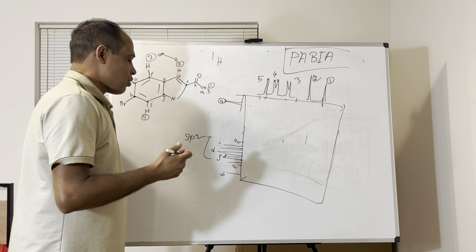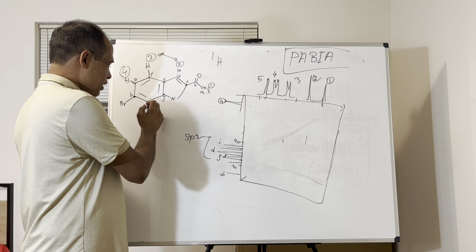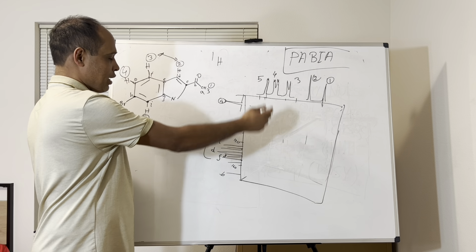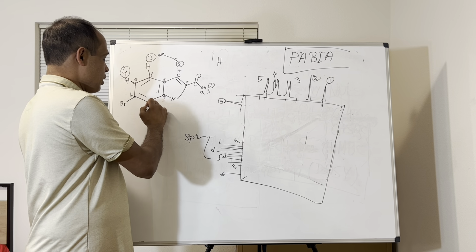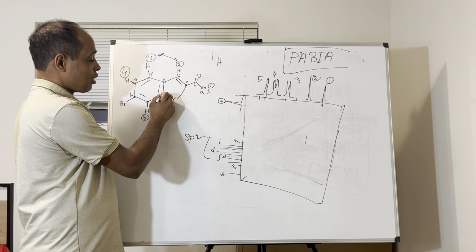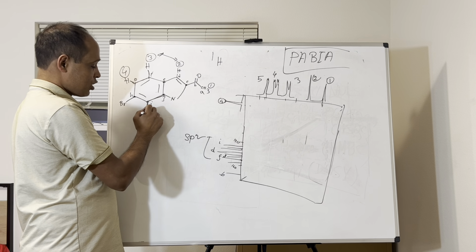Okay, so if you do the HMBC, definitely you know this carbon already, I carbon, right? Because I had a cross signal. So HMBC will determine the next carbon. So you can see this carbon also with this proton.